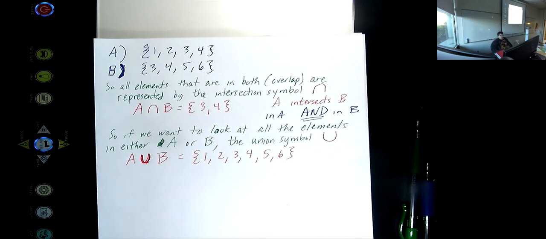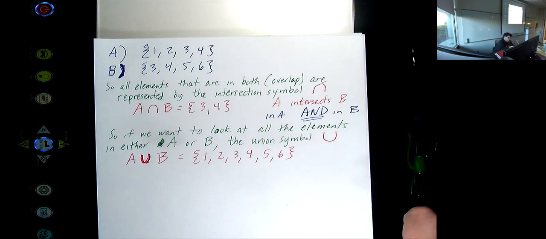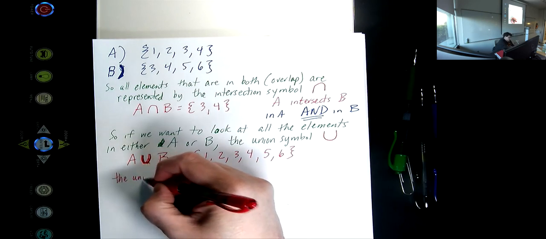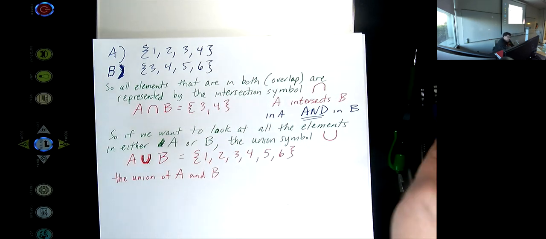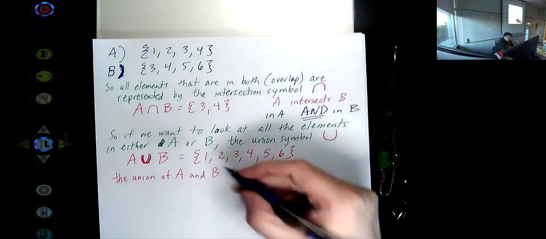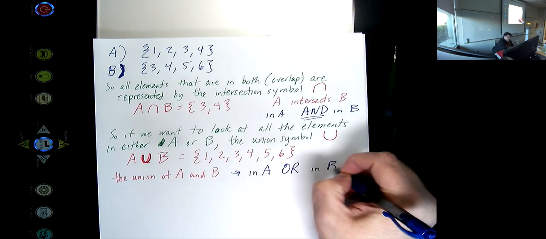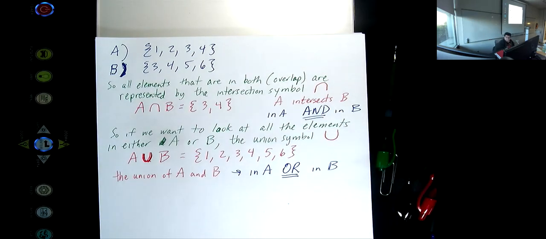We don't have to list 3 and 4 again because we already have them. This is the union of A and B. I think an easier way to think of it is it's in A or in B. As long as the number is in either A or B, we'll use that.